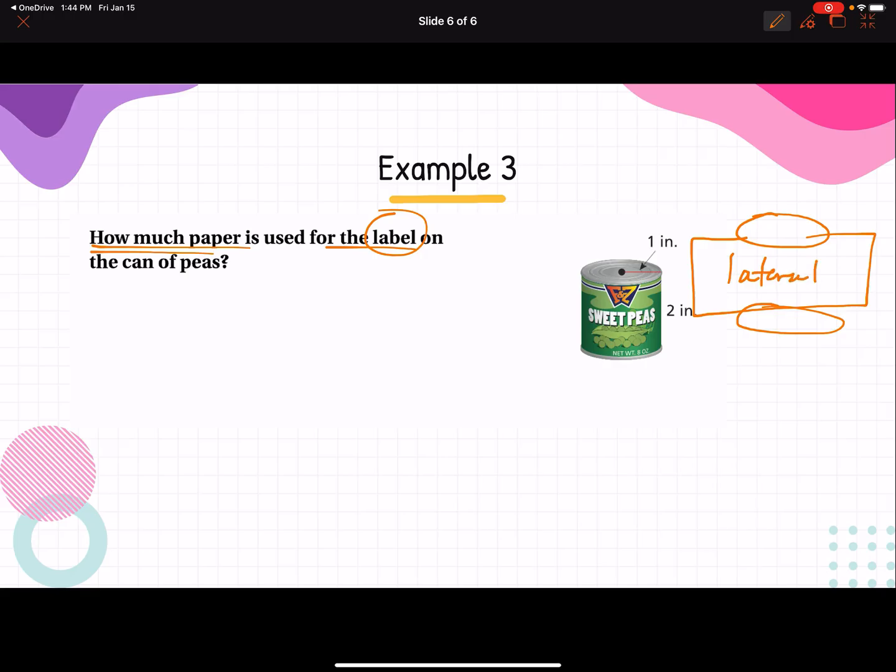And basically that's the area that's being covered in paper. So we are only wanting the lateral surface area. They're not asking us for the surface area of the cylinder, just the paper that's being used on the label. So we're only finding one part of our formula.